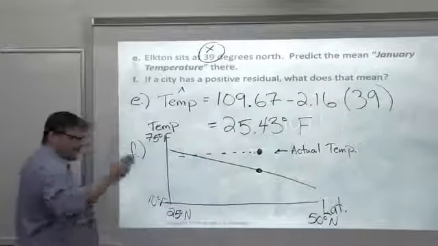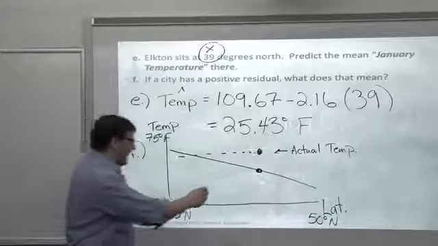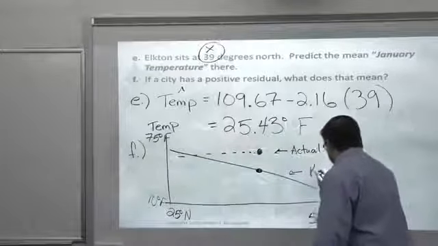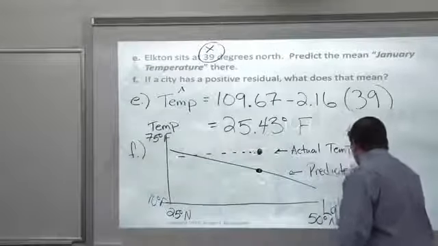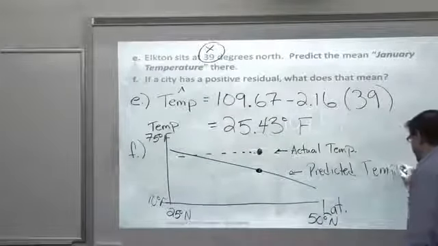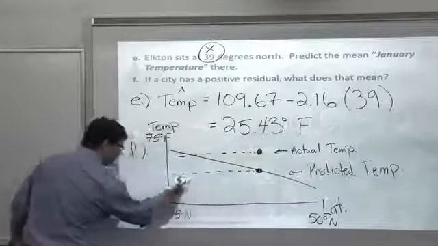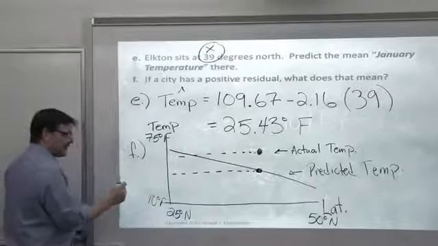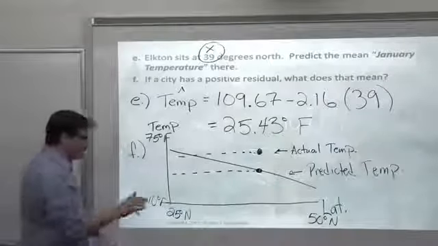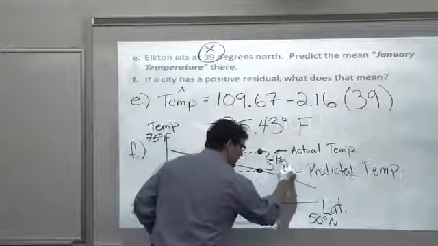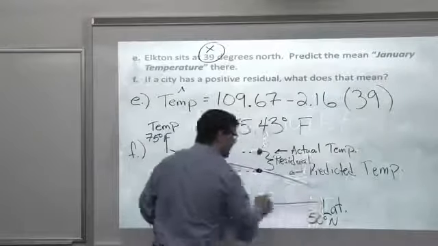The model's predicting, if I go straight down to the line, that that city should have this temperature, right? Here's your predicted temperature in terms of the y. And if I go straight across here, we can see there's a huge difference, and that difference is the residual, right? From here to here. Hopefully this is big enough for the video to pick up.